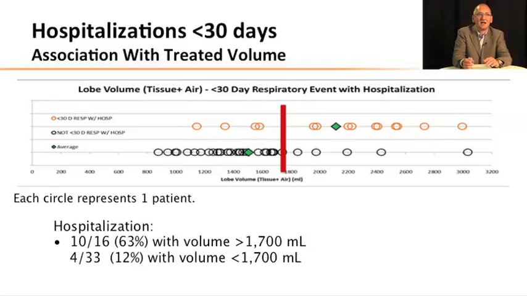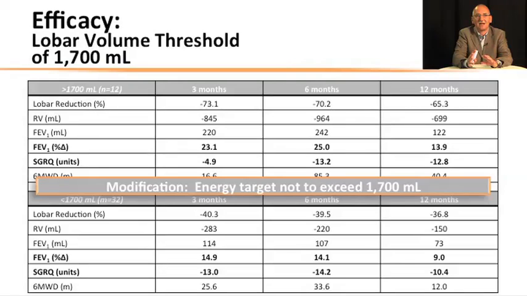So you see the data split up for that analysis, the 700 milliliter analysis, and when you go into the specific subgroup above or below 700 milliliters, you have different outcomes for the patients.